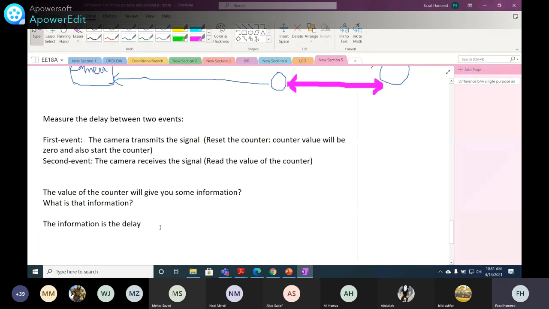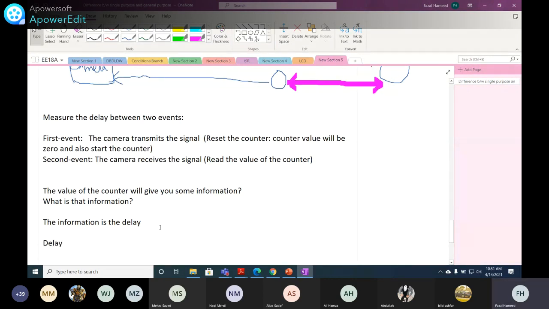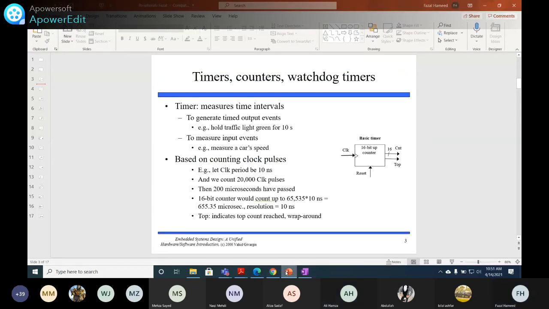How do you determine the delay? Tell me. Counter multiplied by clock period. Counter value multiplied by clock period. You understand this point or not?